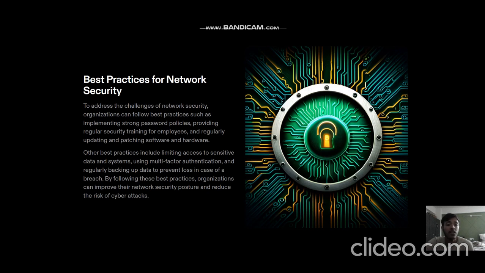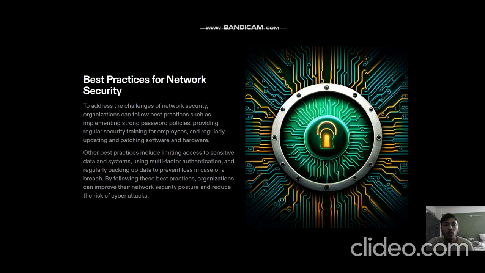To address the challenges in network security, organizations can follow best practices such as implementing strong password policies, like including uppercase and lowercase letters in the password, setting a minimum length of 8 to 10 characters, and avoiding commonly used passwords, as well as providing regular training for employees and regularly updating and patching software and hardware. Other best practices include limiting access to sensitive data in systems, using multi-factor authentication, and regularly backing up data to prevent loss in case of a breach.